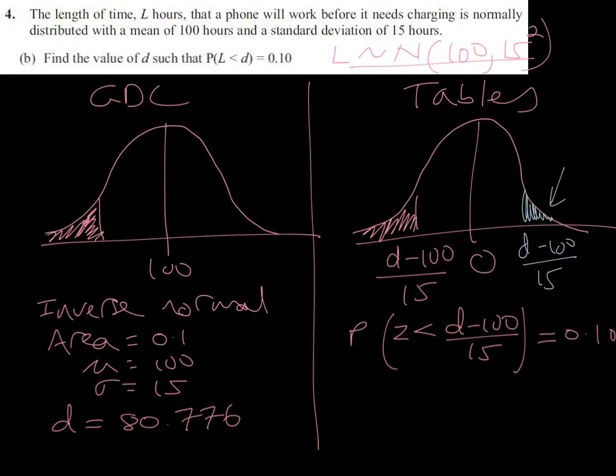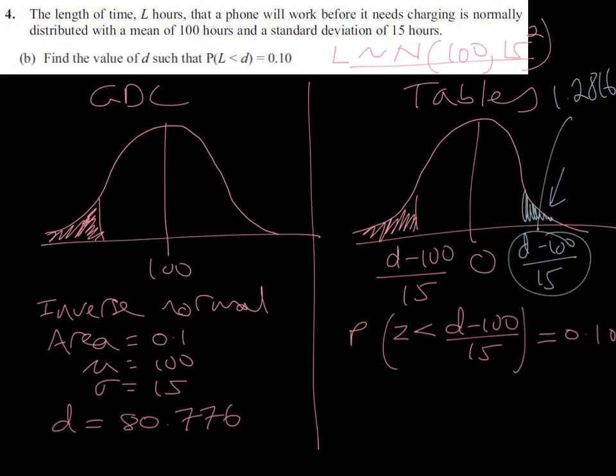You can find that if the probability to the right of this value is 0.1, or 10%, the corresponding value for the standard normal distribution here is 1.2816. So from the tables, we can establish that the probability that Z is greater than this value is 10%.